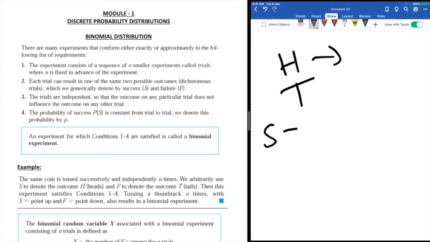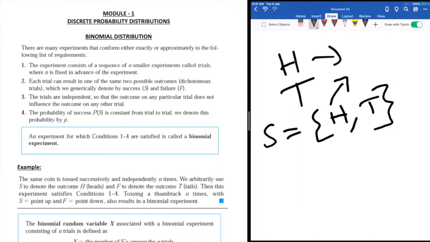So the sample space consists of two elements, head and tail. If I get head, it is a success. If I get tail, it is a failure. Each trial can result in one of the same two possible outcomes.